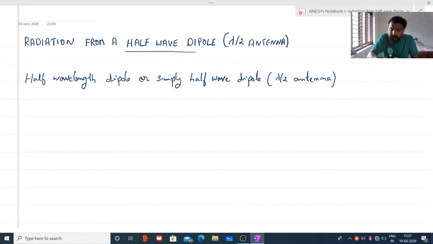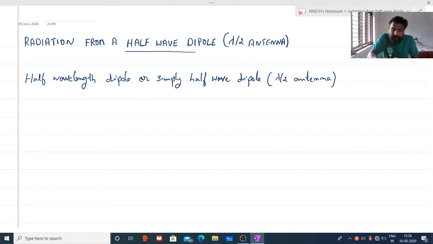For example, I can make an antenna array by using half wave dipole antennas. If we utilize many half wave dipole antennas in combination, the complete antenna becomes more complex. In that case, the lambda by 2 can be utilized as a single element, or as a number of elements clubbed together.